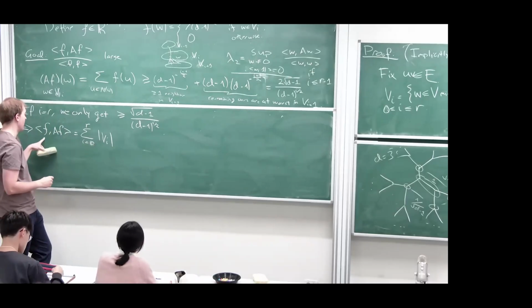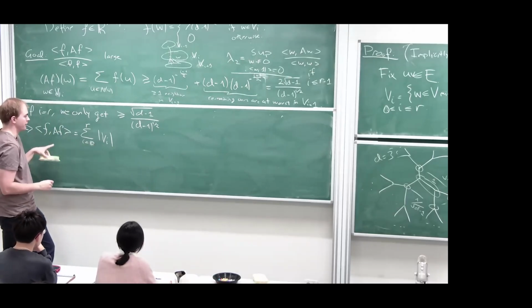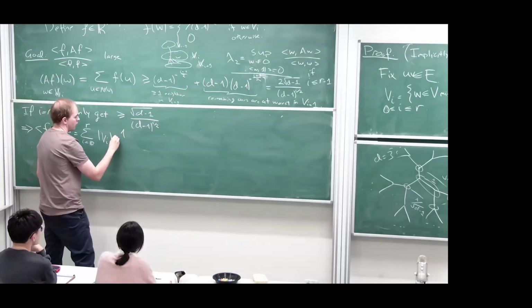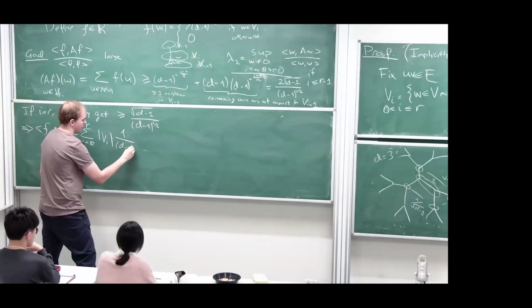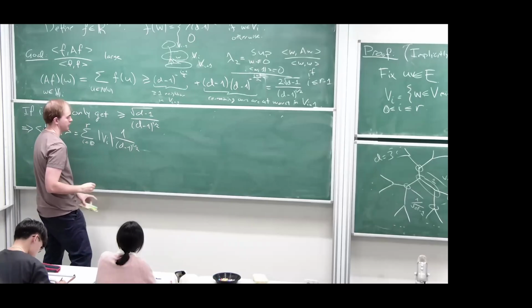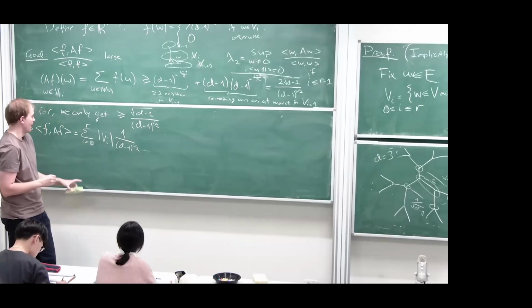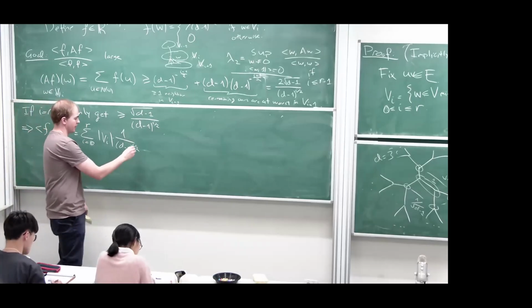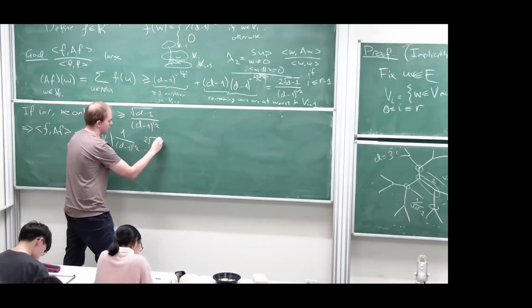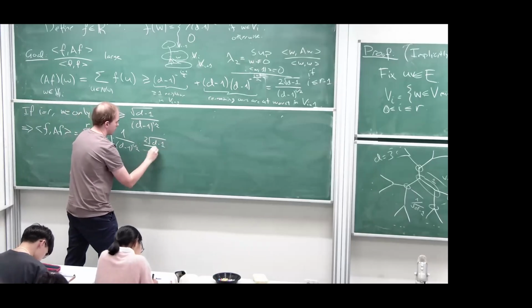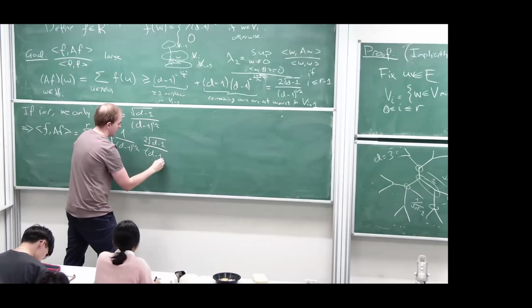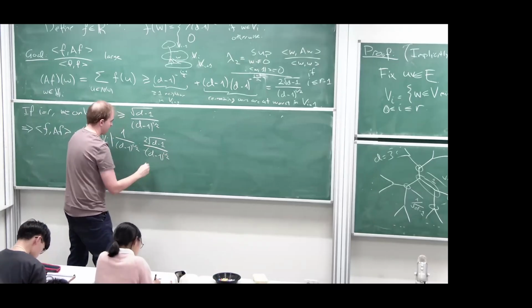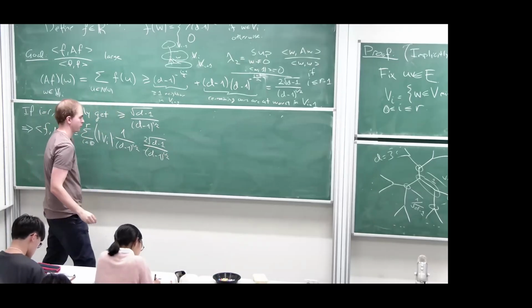For each of them, f(u) is going to be 1 over (d-1)^I divided by 2, and Af(u) is going to be this number.